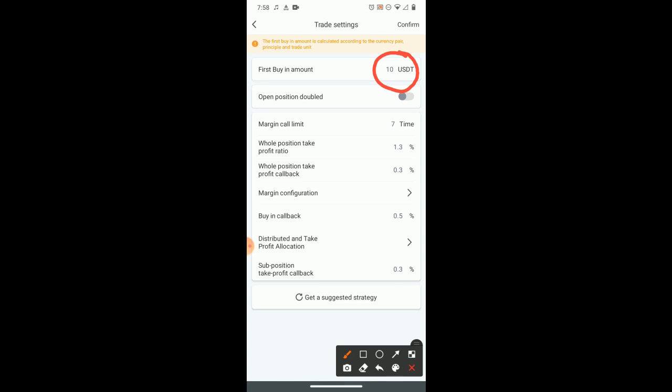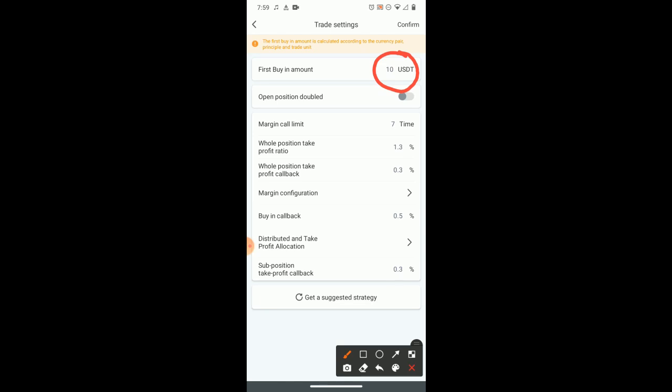So the minimum here is 10. If you're having an account of like $100, you should put 10 here. If you're having an account of about $500, you should also put 10 here. If you're even having an account of $1,000, you should put 10 here, depending on the amount of pairs you want to trade. We'll explain that to ourselves later.